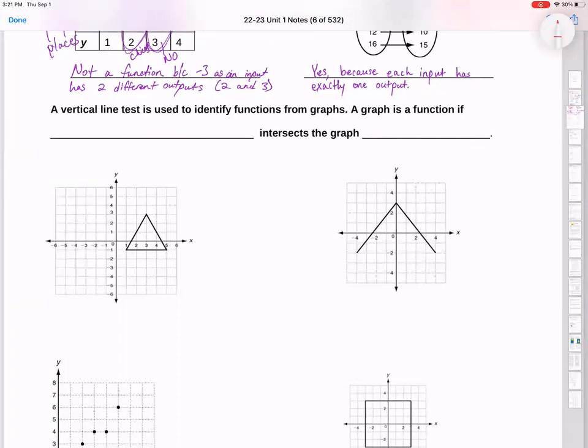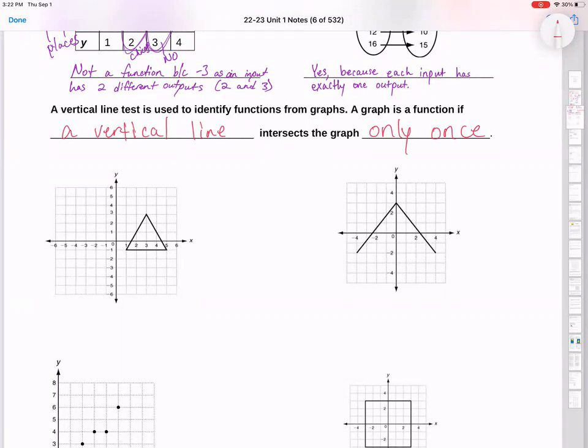A graph is a function if a vertical line intersects the graph only once. So if you were to draw a vertical line through that graph, it can only cross once.